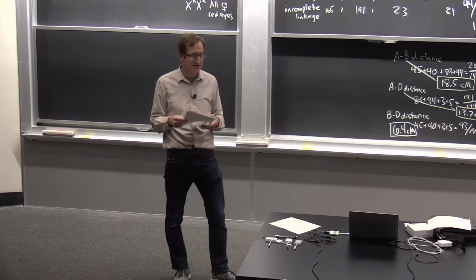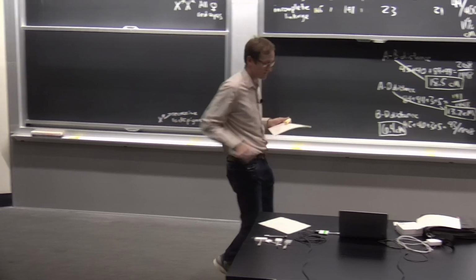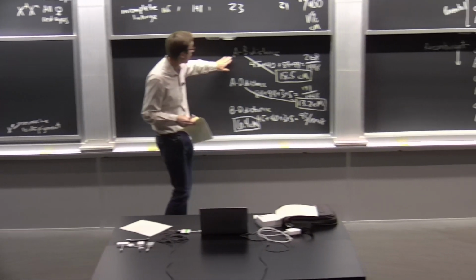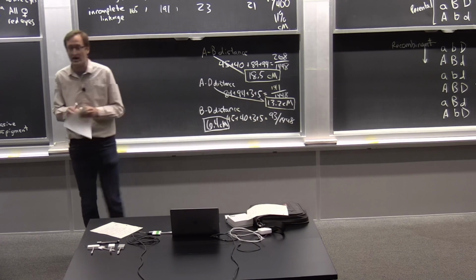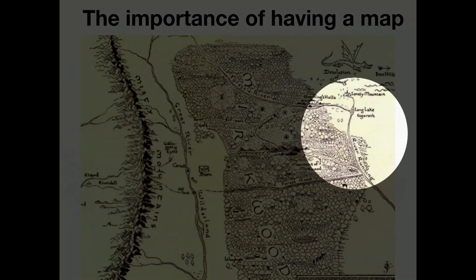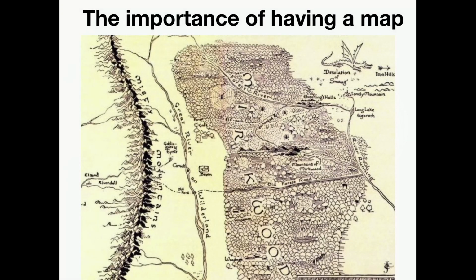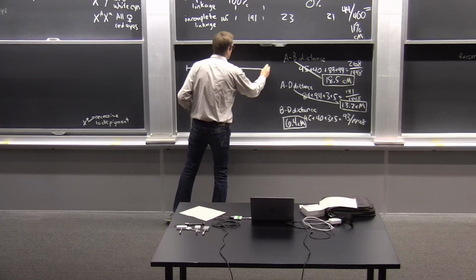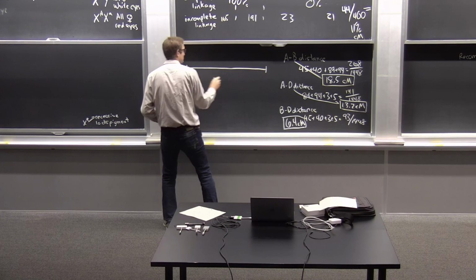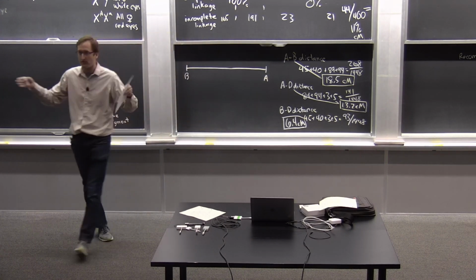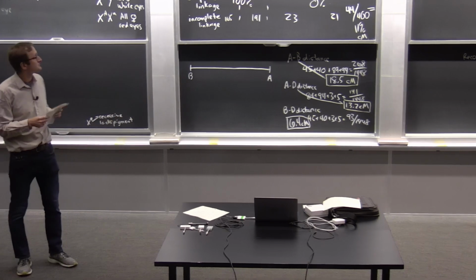So now that we have our distances, we can make our map. The two genes that are farthest apart are A and B. That's kind of like here, Rivendell and Lonely Mountain. Those are the two genes at the extremities. So I'll draw this out. It doesn't matter which way you put it, we're just mapping these genes relative to each other, but B and A are the farthest apart from each other.